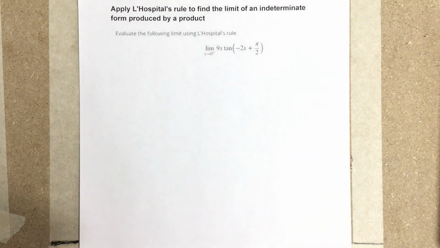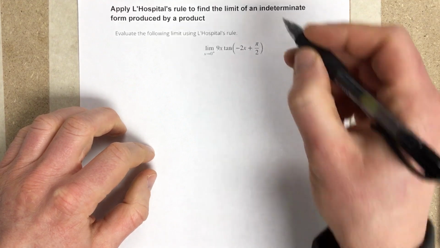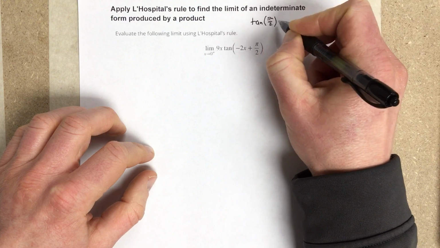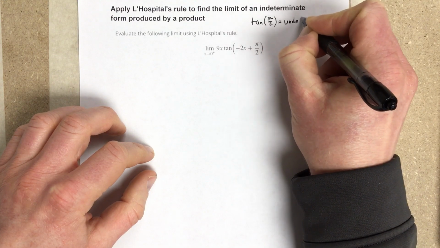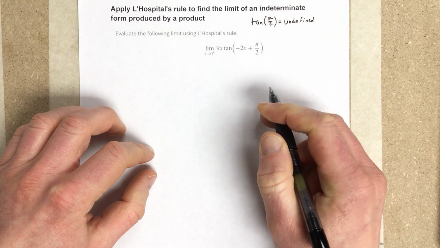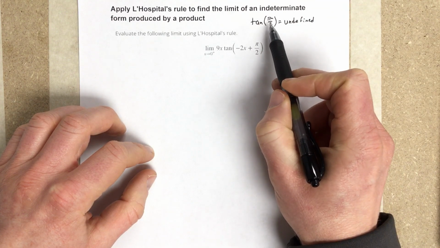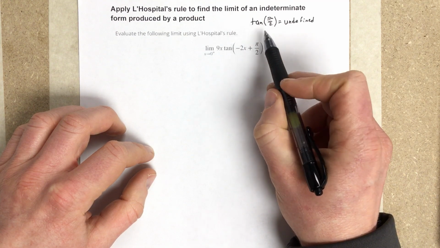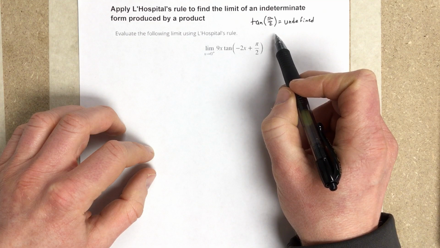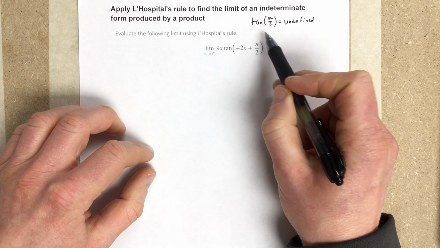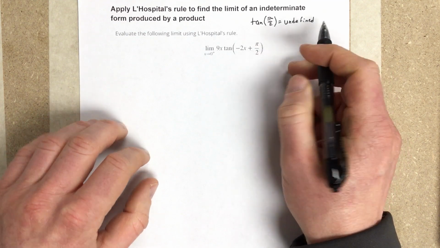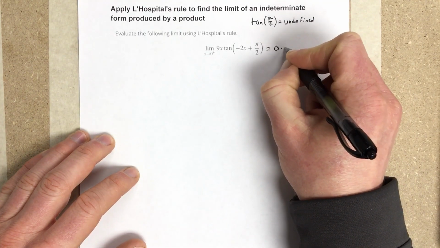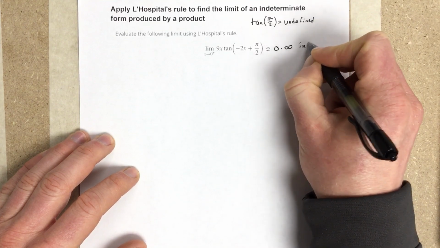And it does, because tangent at pi over 2 is undefined, but if you're coming from the right, you're going to be approaching infinity there. So you have to think about how the graph of tangent looks, and it goes off to infinity until you hit that undefined point. So we end up with 0 times infinity here, which is indeterminate.